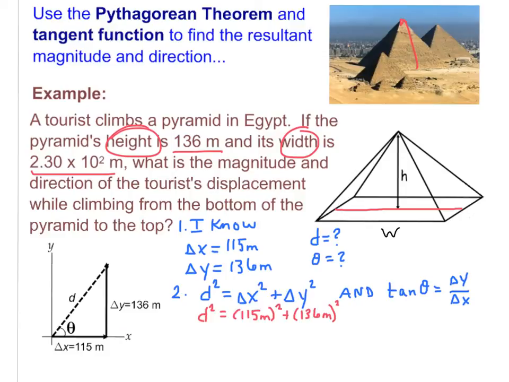So the next step is now to plug values into those equations and solve. So when I plug values into my Pythagorean theorem, I get d squared equals the 115 meters squared plus 136 meters squared. I can go ahead and punch those numbers into my calculator. I'm going to need to then take the square root of both sides after I do that.